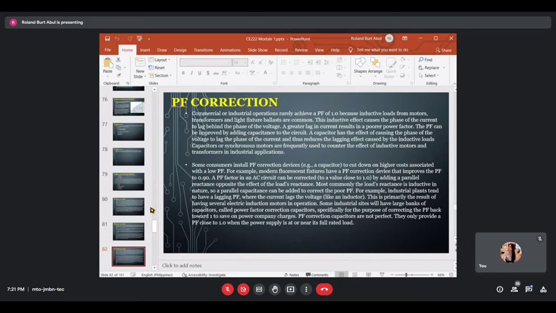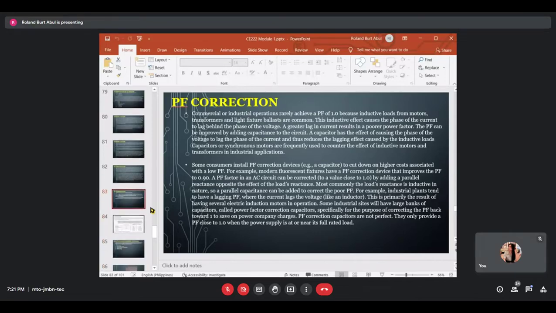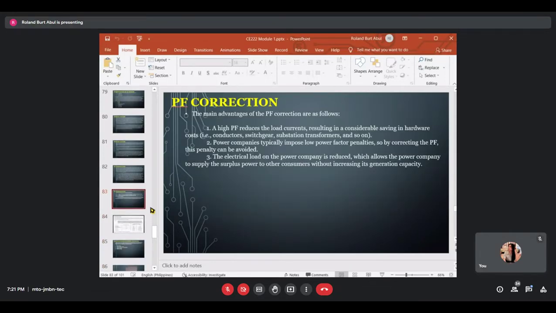The power companies measure reactive power used by high demand customers and charge higher rates accordingly. So, in order to increase the power factor na to, we apply power factor correction.